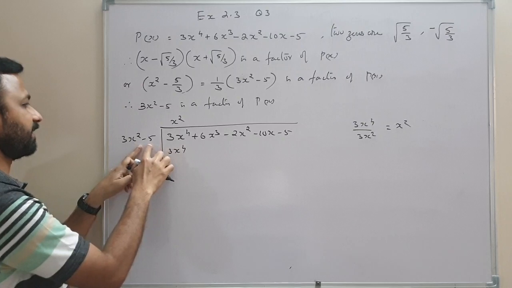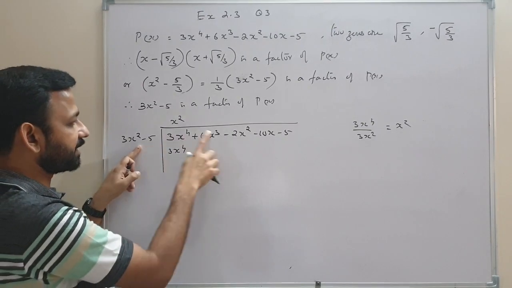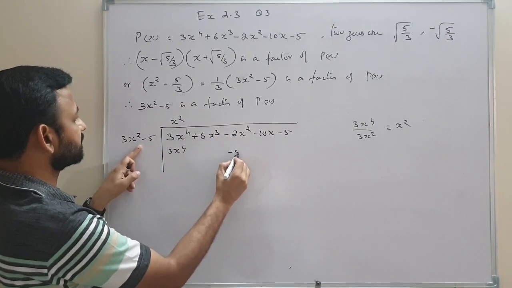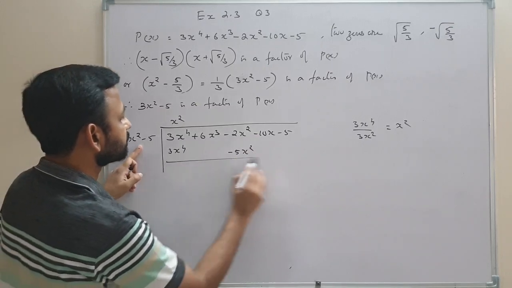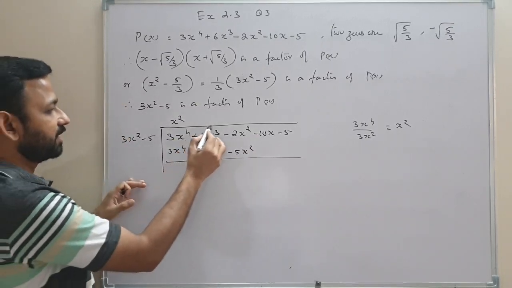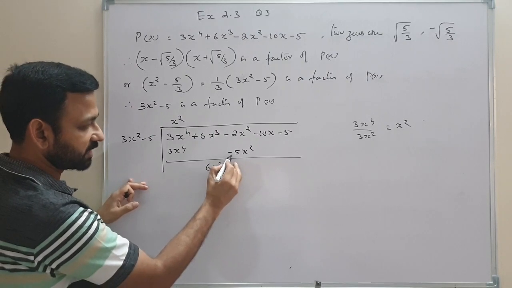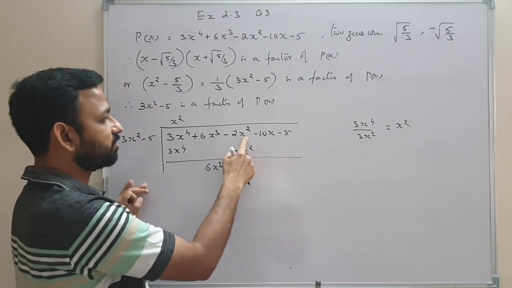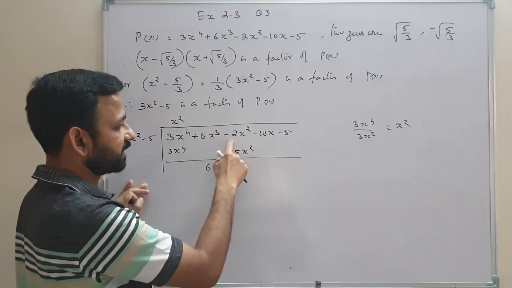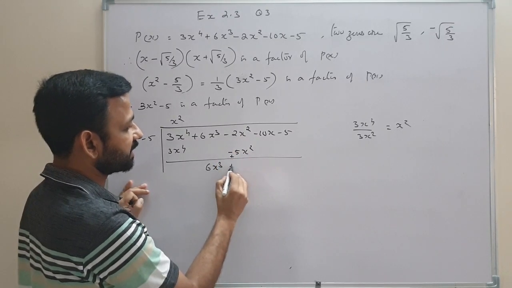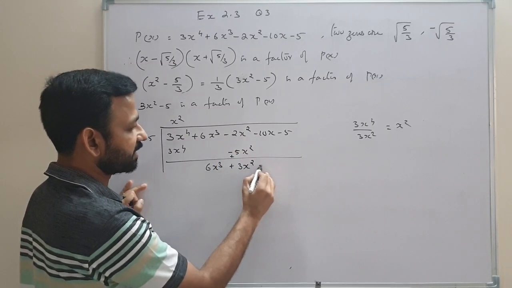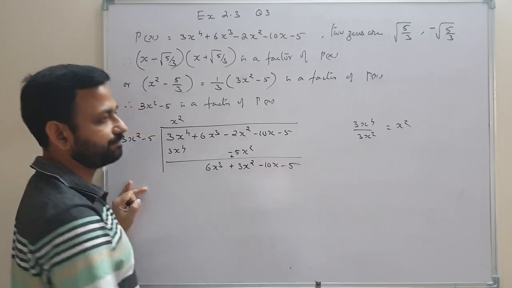X square into minus 5, that is minus 5x square, right below the x square term. Here 0, then 6x cube minus 0, that is 6x cube. Opposite sign, plus sign. Minus 2x square plus 5x square, that is plus 3x square. Rest of the terms minus 10x minus 5.